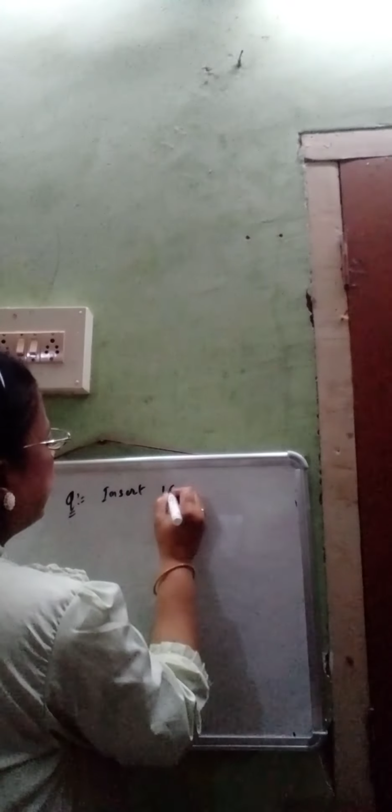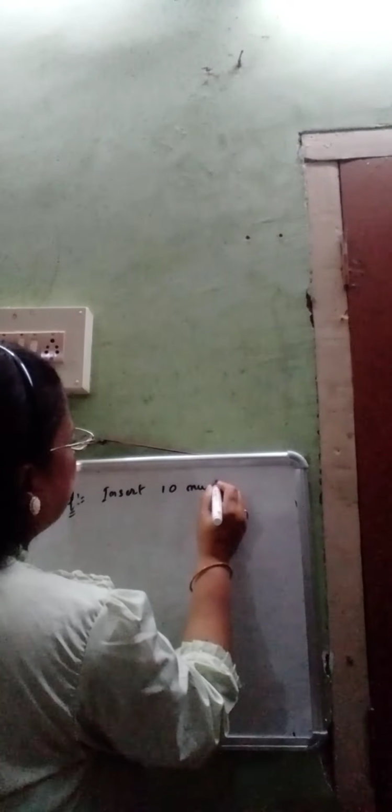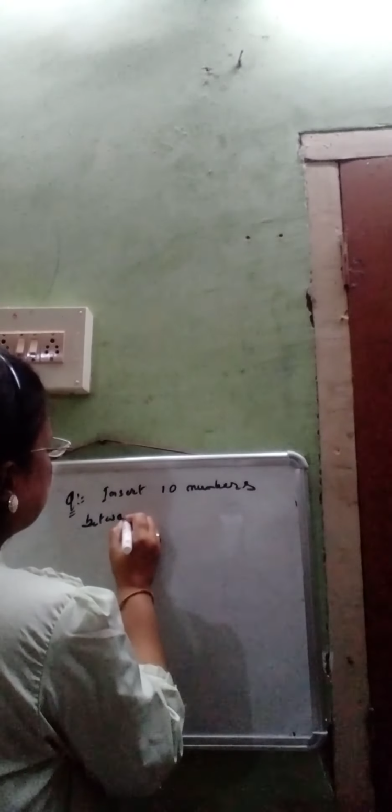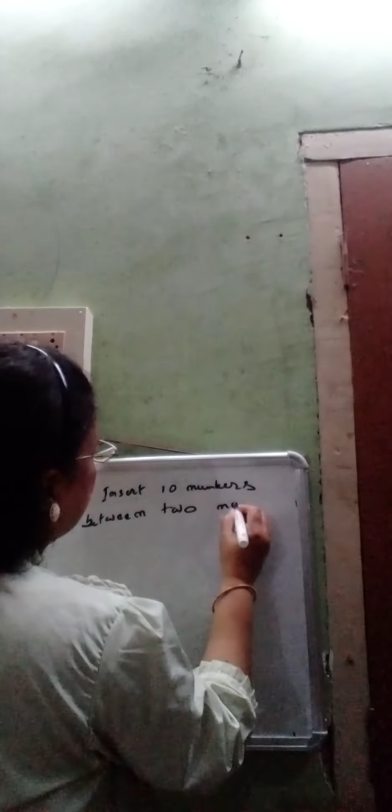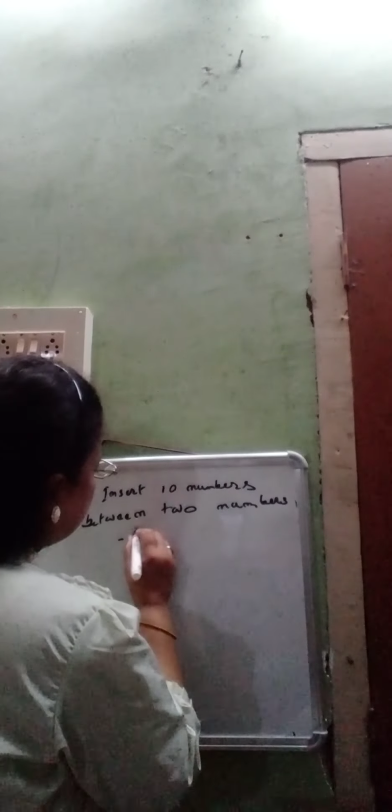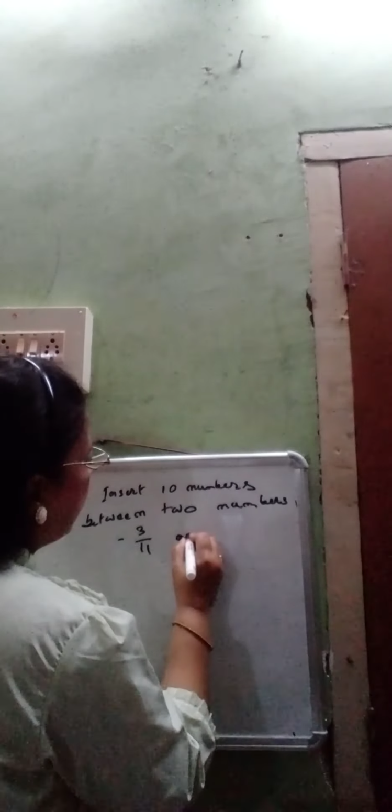So my question is: insert 10 rational numbers between the two rational numbers minus 3 by 11 and 8 by 11.